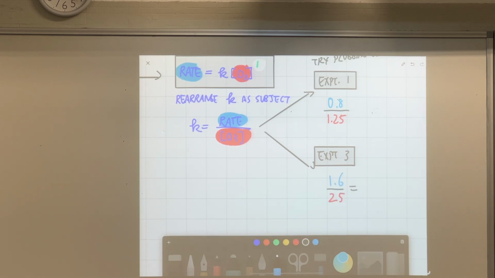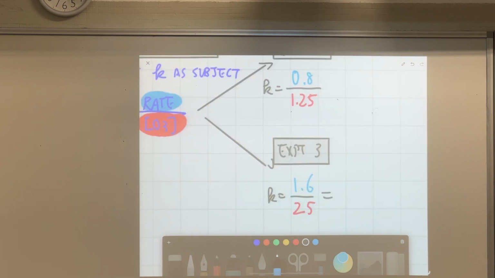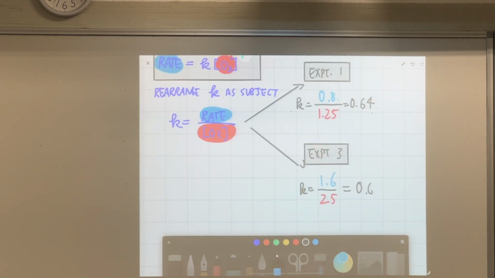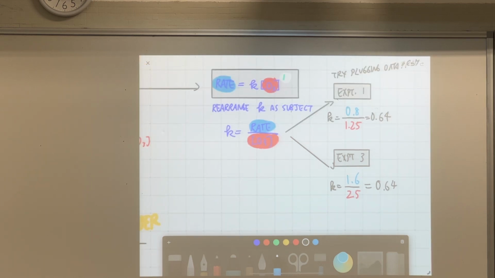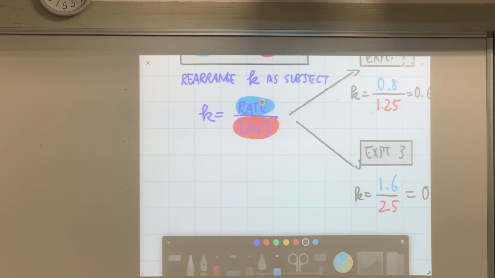Okay, they will give you the same rate constant, which is 0.64, sorry. Okay, so 0.64. But that's just the number part. What about the unit? So to find the unit, do you remember the unit of rate first?